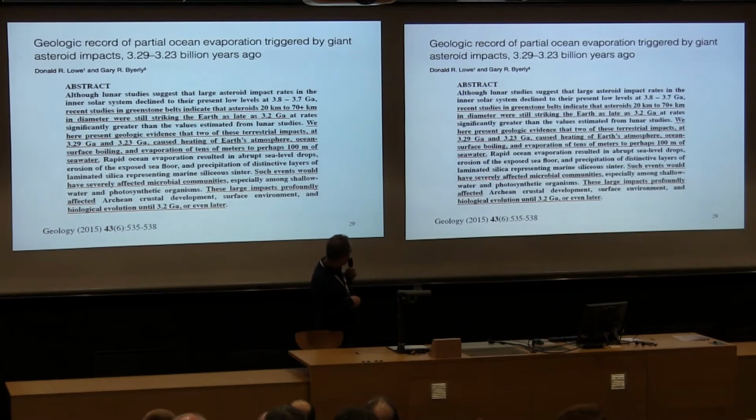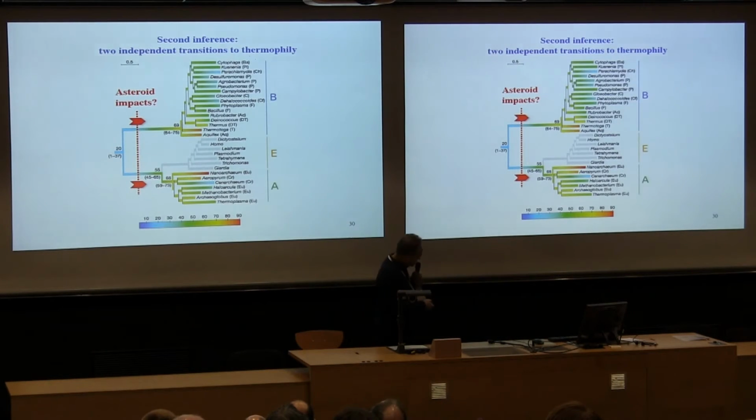Such events would have severely affected microbial communities and would have profoundly affected biological evolution until 3.2 gigayears ago or even later. So maybe what we see in our molecular thermometers is a reflection of these events.